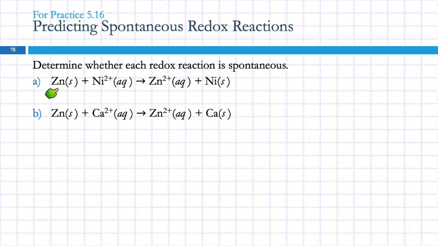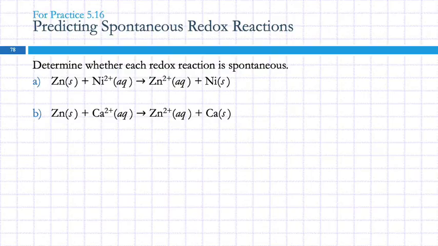So here's zinc, and zinc's leaving with the girl. We looked at the list. Zinc is cooler than nickel. Is that going to happen? Yeah. Well, how about this one? Here, zinc getting the girl in favor of calcium.